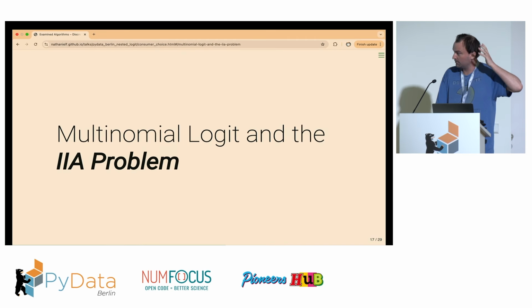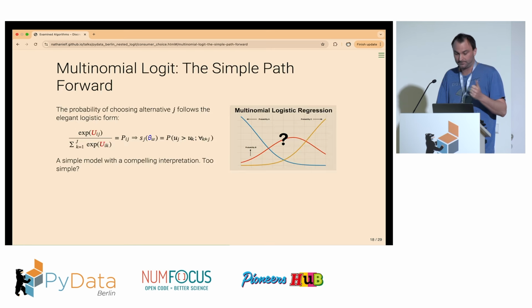Okay, so I'm going to first talk about the multinomial logit model, which is a classical one, and it is problematized by a problem in the literature called the independence of irrelevant alternatives. So the multinomial logit, as before, is a softmax transform. You push your data through a softmax and you get out from a utility vector, a utility per good, a probability of choice for each of those goods.